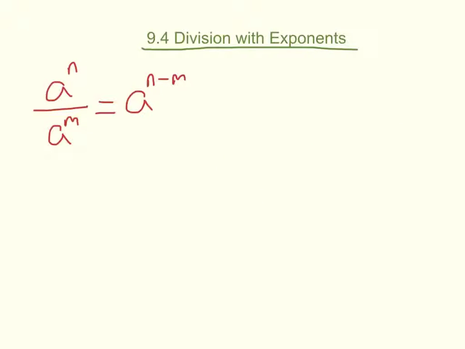Similarly, I can use this rule with negative exponents. It works just fine. Let's try x to the negative 5th over x to the negative 3rd. How's that going to work out? I treat it just like an algebraic expression. Keep the same base, and I have negative 5, I keep the sign, minus the negative 3.